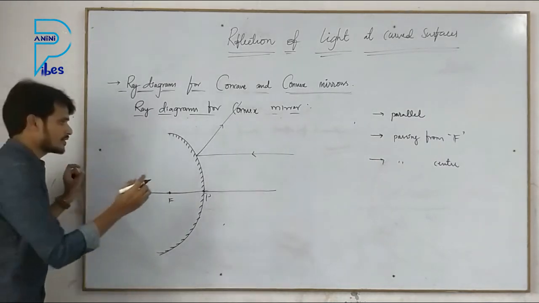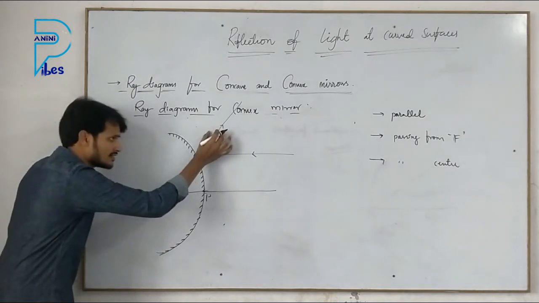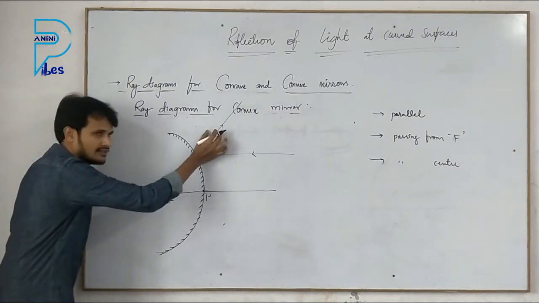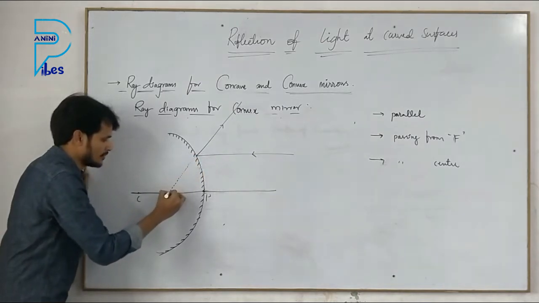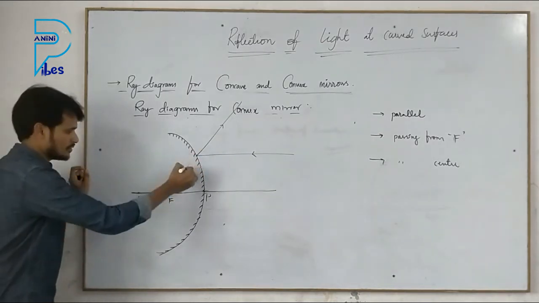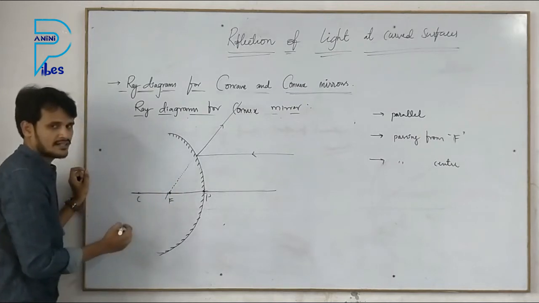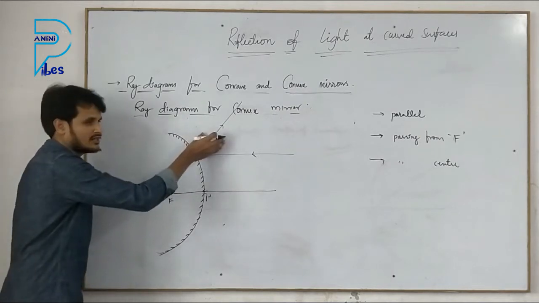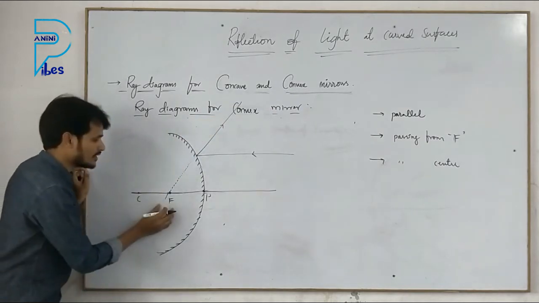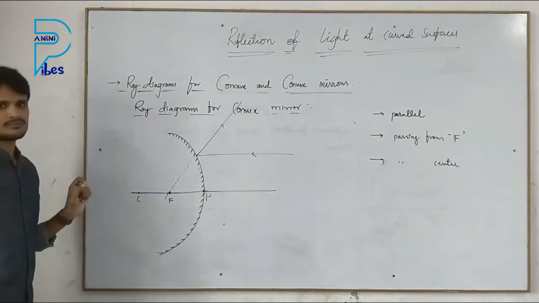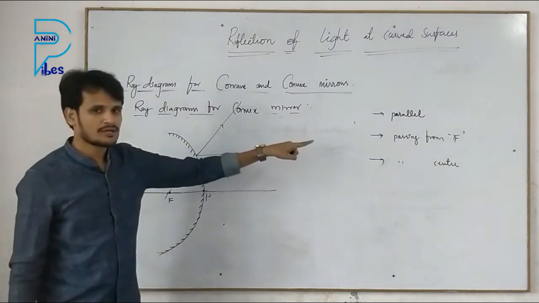If you extend this diverged ray inside, this is an imaginary path only. So we extend the diverged ray inside. It looks like the ray is coming from the focus, just as in a concave mirror an incident ray passing through the focus goes parallel to the principal axis.